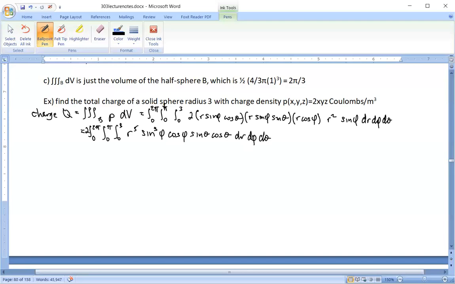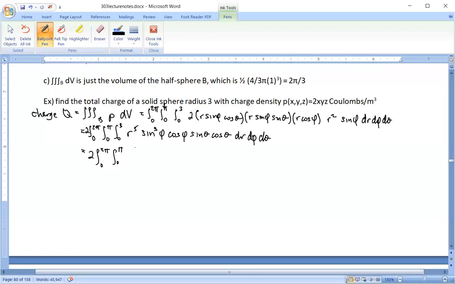Now again, we could integrate this in any order, and it turns out this is not the optimal order, but that's not obvious. So I'm just going to go ahead and integrate it in this order as if I didn't know any better. Let's just go ahead and do it. So keeping the 2 on the outside, 0 to 2 pi, integral from 0 to pi.